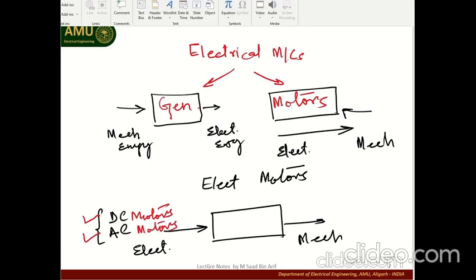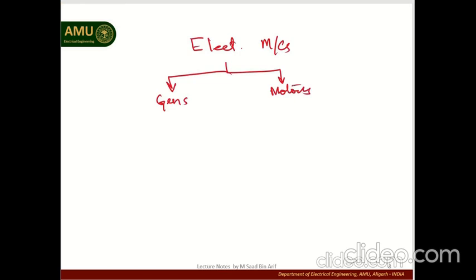Now, what we have right now is the categorization like this. We have electrical machines, which can be classified as generators and motors.